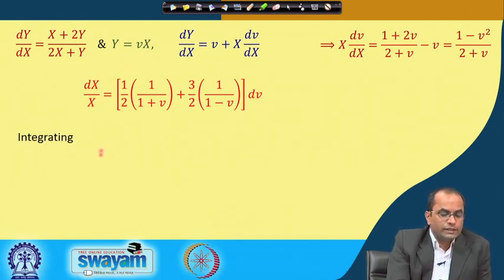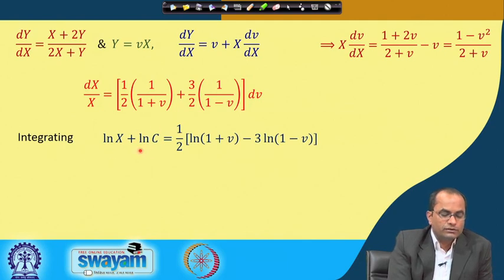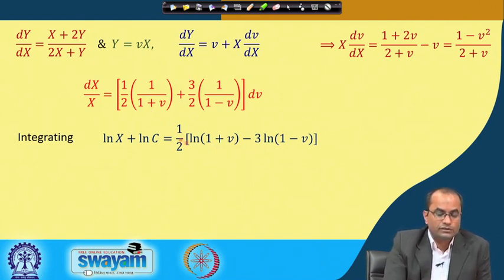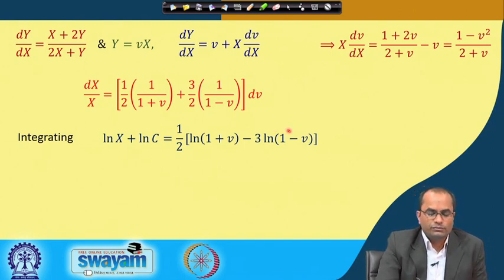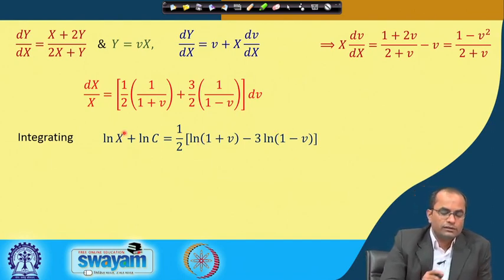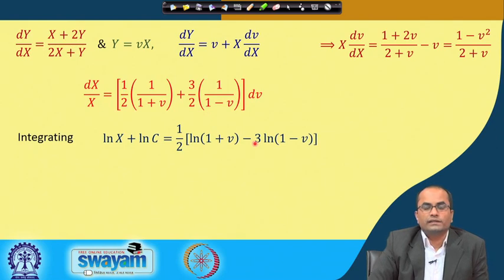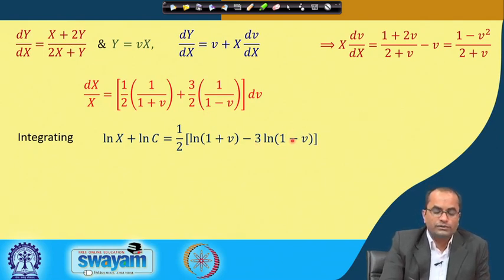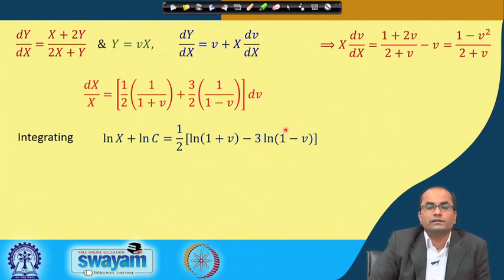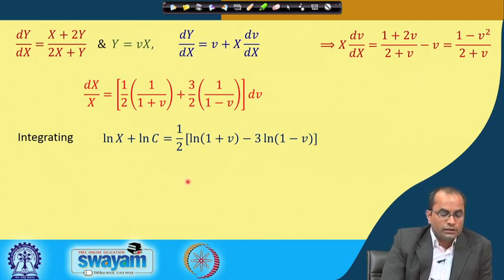So, here by integrating this we get ln X and this constant here ln c, and it is equal to half, again here ln(1 plus V) minus 3 times, this half is outside. So, this is just minus 3 here because of this minus sign, and ln(1 minus V), assuming that these are positive numbers, otherwise we have to take the modulus as well.